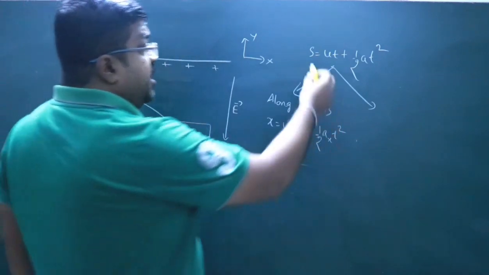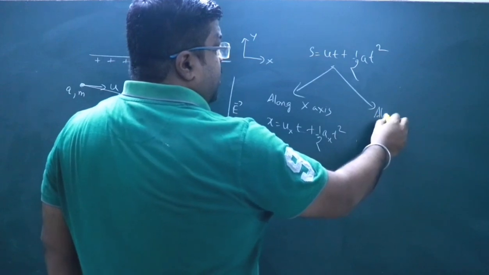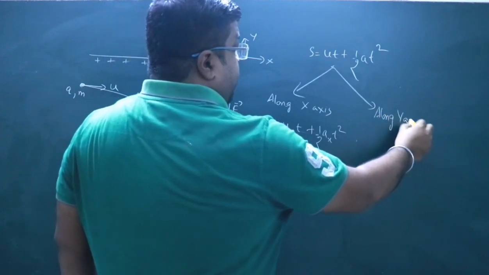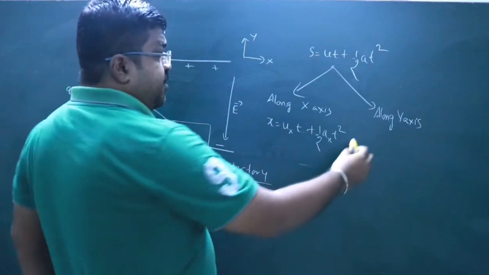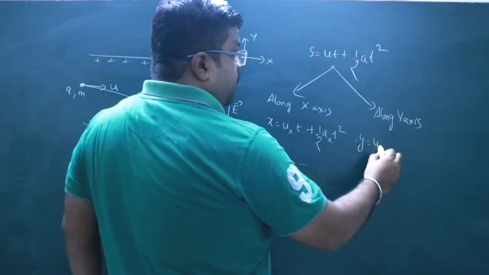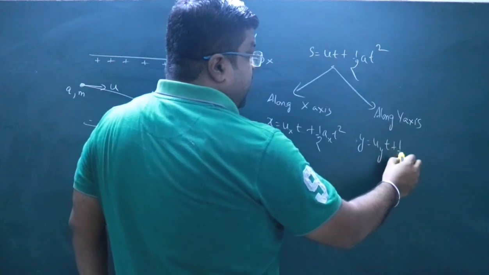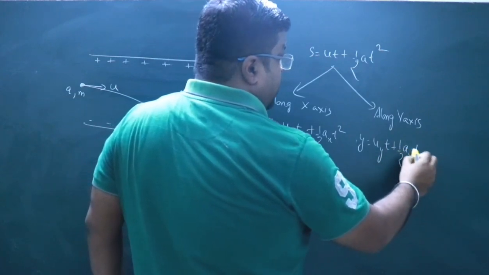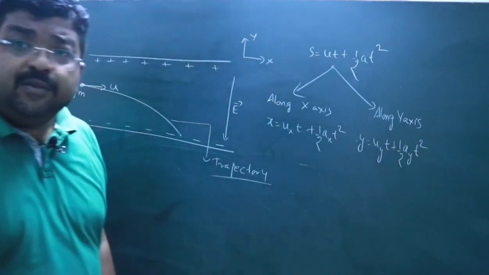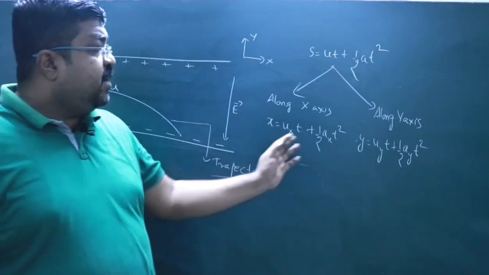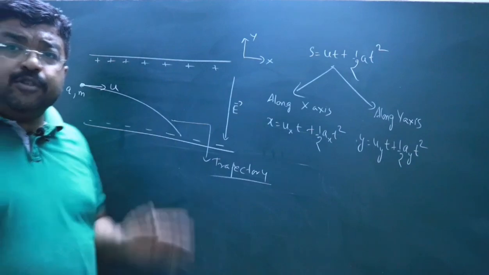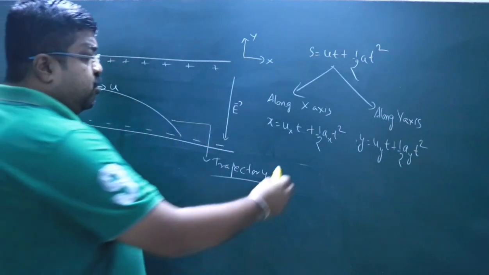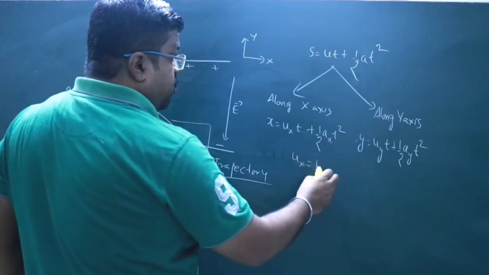Similarly, along the y-axis we will have y is equal to uyt plus half ayt square. Now let us see what the values of these coefficients are. This charged particle is projected in the horizontal direction, so ux will be equal to u.